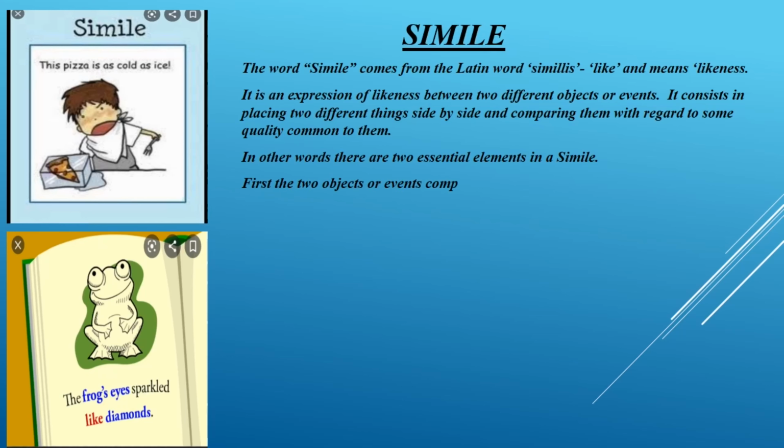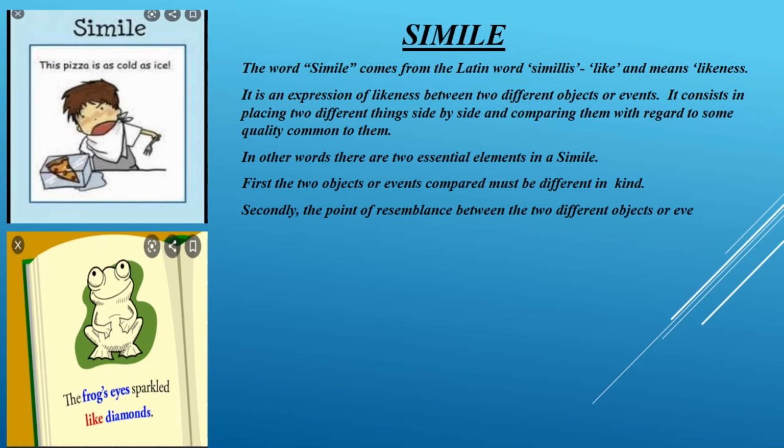First, the two objects or events compared must be different in kind. Secondly, the point of resemblance between the two different objects or events compared must be clearly brought out.